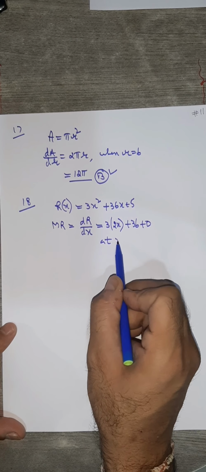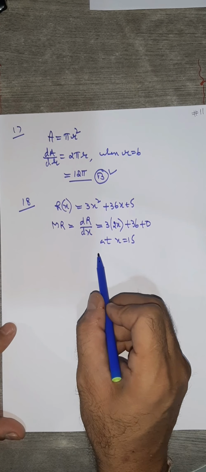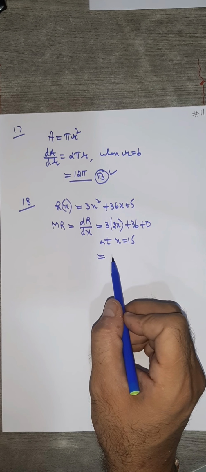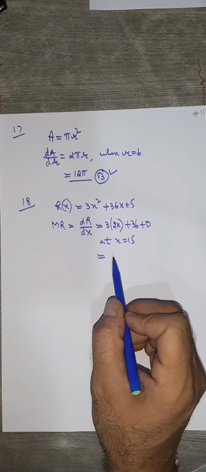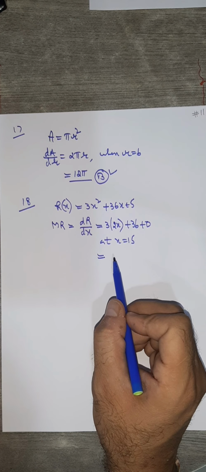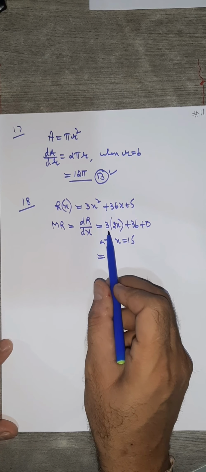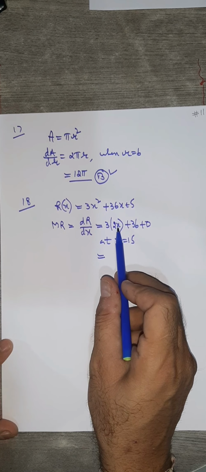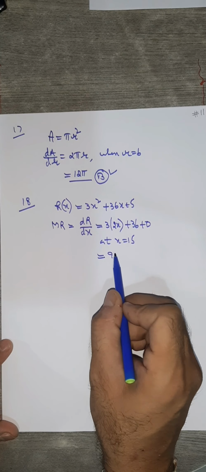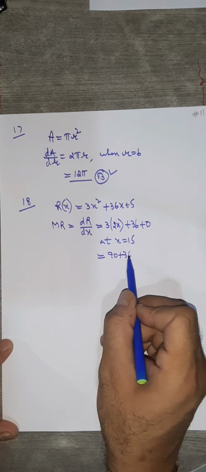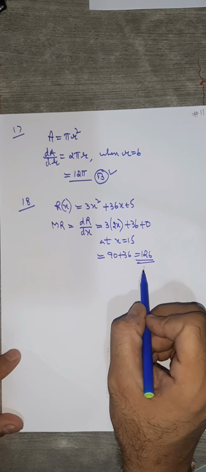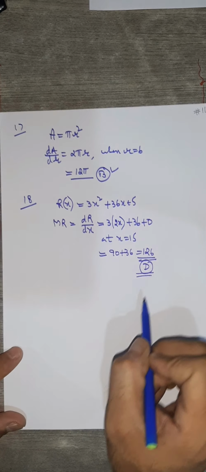But you want when x is equal to 15 here. So just put x equals to 15 here. So if I place the values there, you will get finally 6 plus 6 into 15. So it would be 90 plus 36, which is 126. And that is nothing but your option D here. Fine.